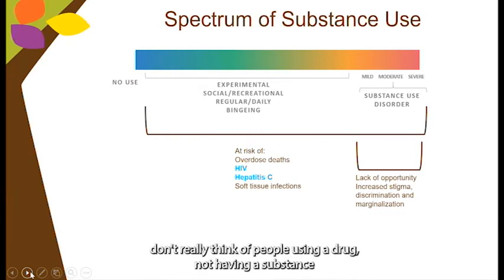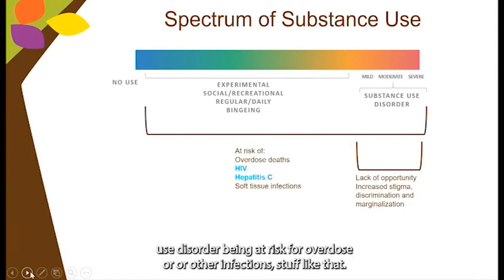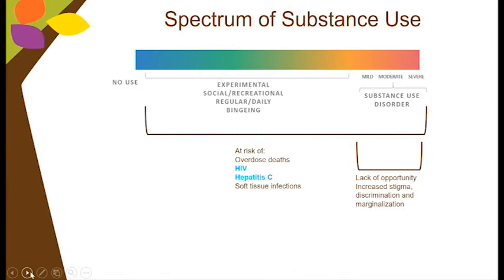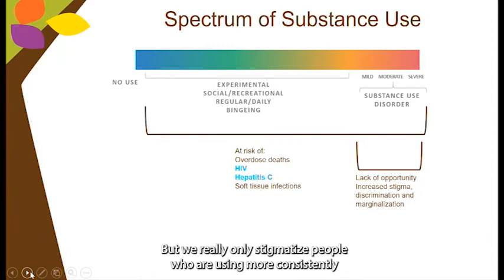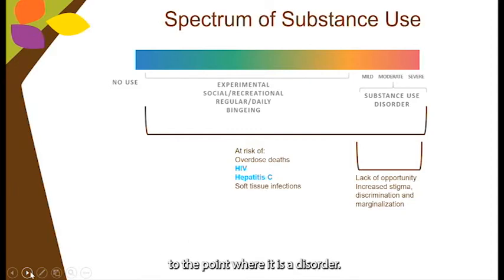And we don't really think of people using any drug and not having a substance use disorder as being at risk for overdose or other infections, stuff like that. But that really is true, that all of those risks exist along the spectrum of substance use, but we really only stigmatize people who are using more consistently to the point where it is a disorder. So that's just something to think about.